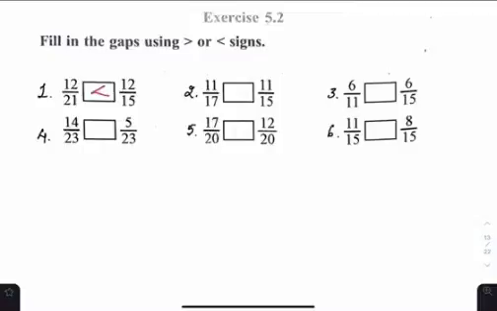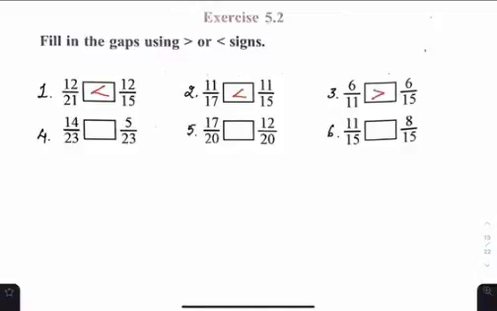Both the numerators are the same, but denominator 17 is more than 15. So 11 by 17 has to be lesser than 11 by 15 because greater the denominator, value of the fractional number becomes less. 6 by 11 is greater than 6 by 15 because 15 is greater than 11.